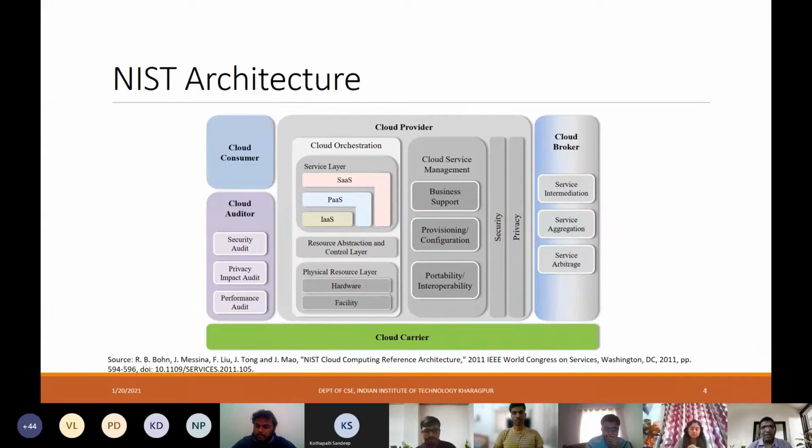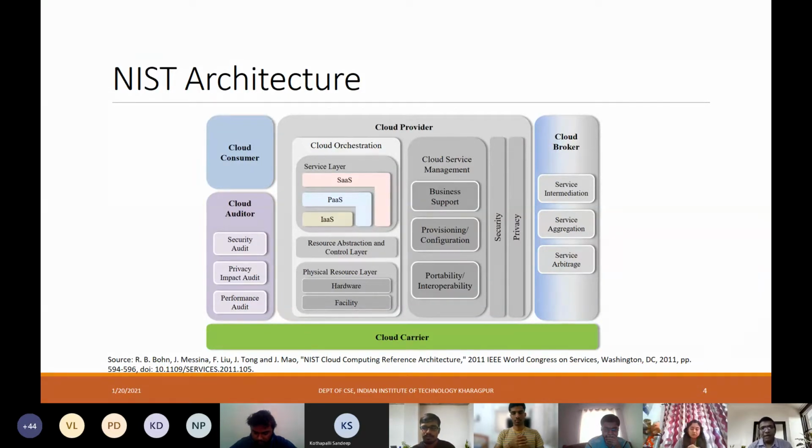So the service layer basically has software as a service, platform as a service, and infrastructure as a service as the three primary computing services that are to be offered. So service layer. Then comes the resource abstraction and the control layer.